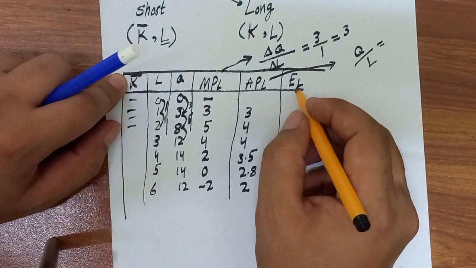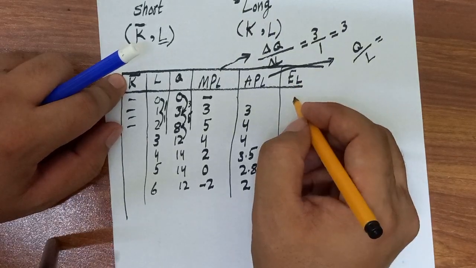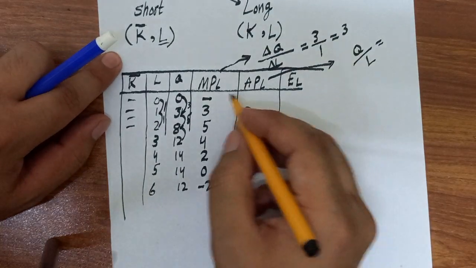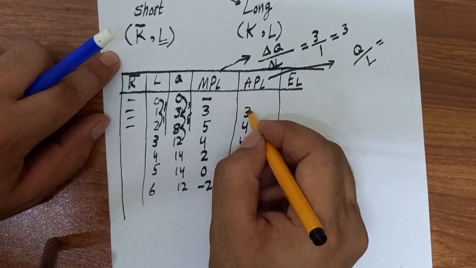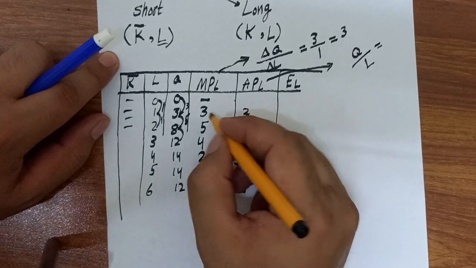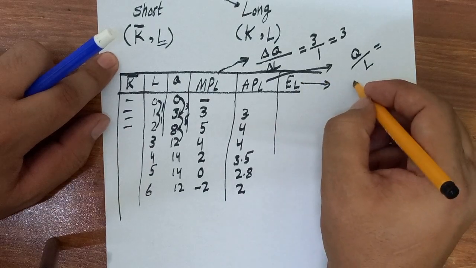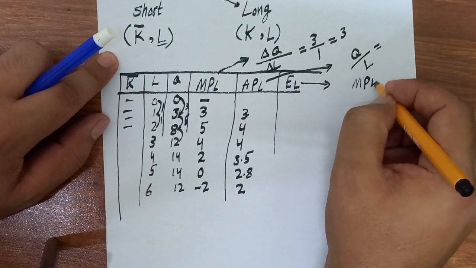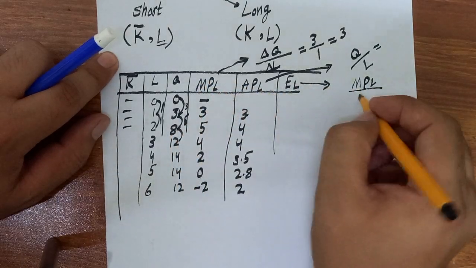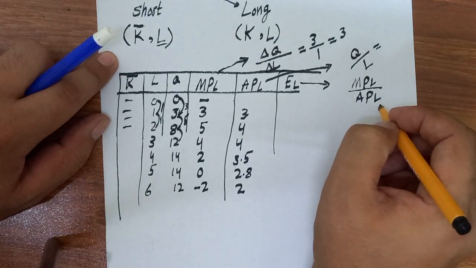Now we have elasticity of labor production. So here we will divide this one by this. The formula is MPL divided by APL, average product of labor.